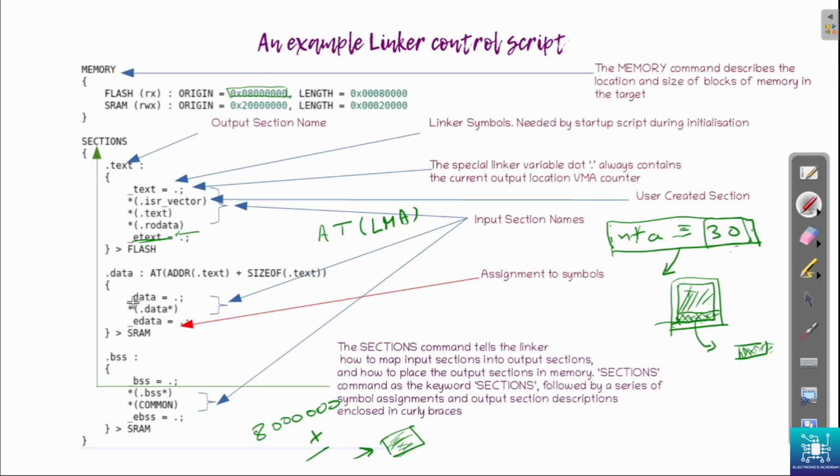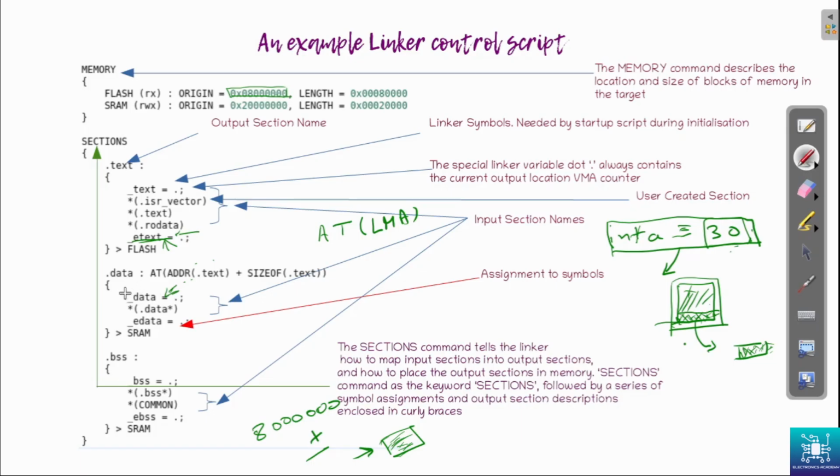Now coming here, you have _data. This is another variable, _data. Now there is a subtle difference here. This points to the VMA, and the VMA has changed because of the greater than SRAM.